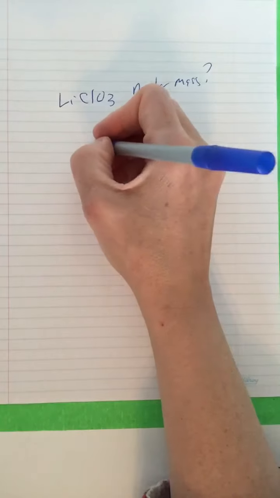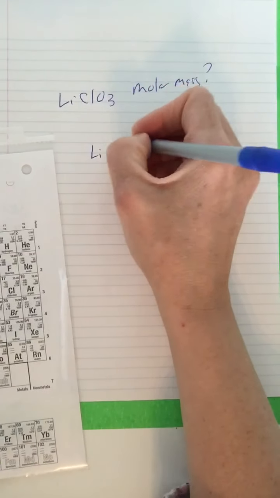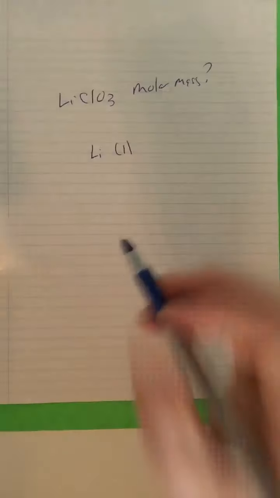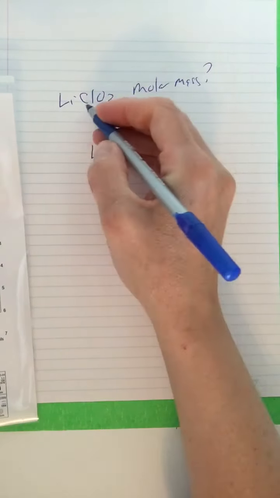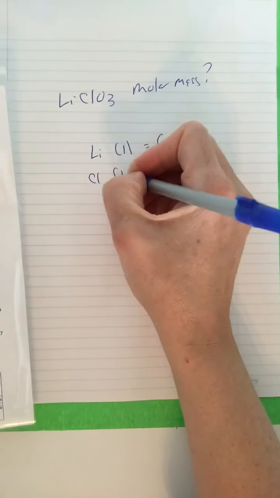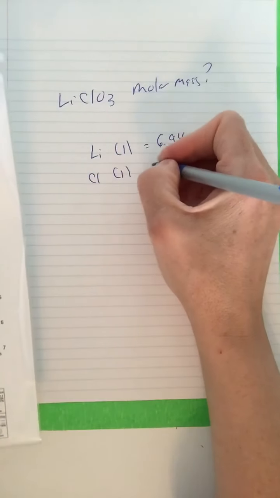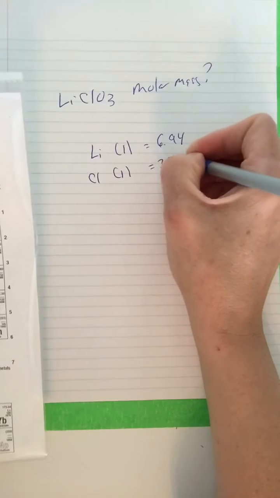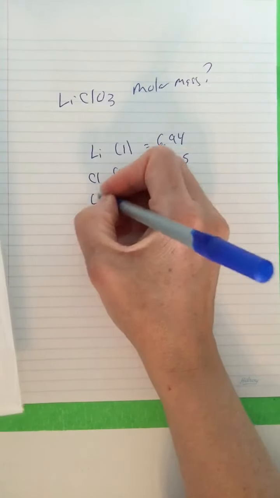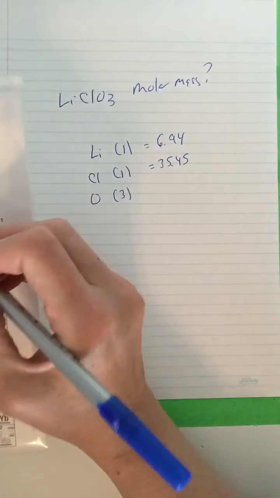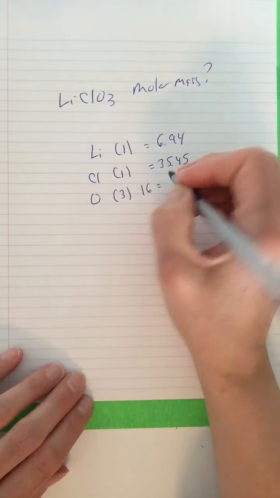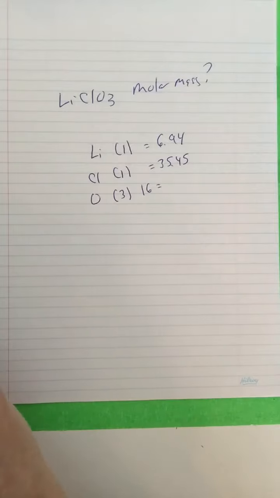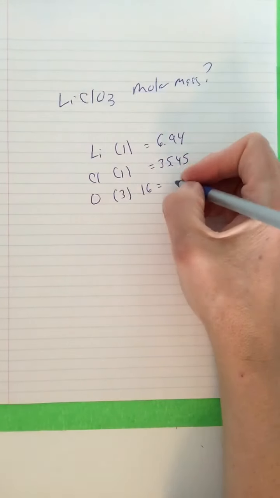We have 1 lithium. We have 1 of them. Let's go find its mass. Lithium right here, 6.94. Chlorine, I have 1 of them. It's 35.45. Oxygen, I have 3 of them. So they're normally 16. What's 16 times 3? 48.